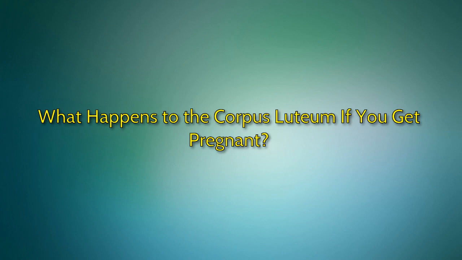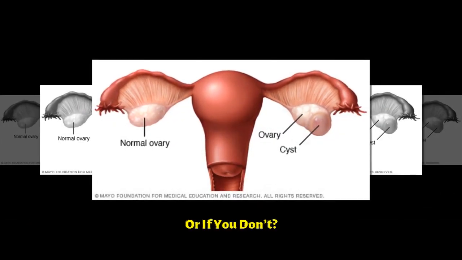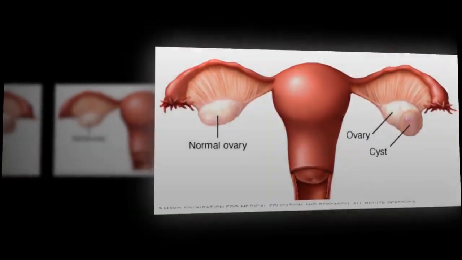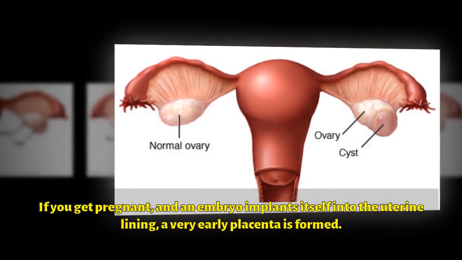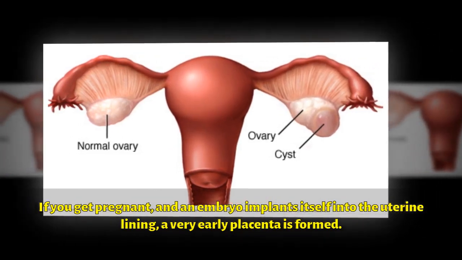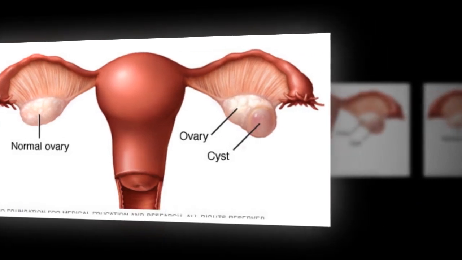What happens to the corpus luteum if you get pregnant? Or if you don't? If you get pregnant, and an embryo implants itself into the uterine lining, a very early placenta is formed.